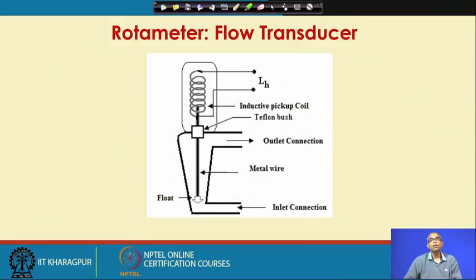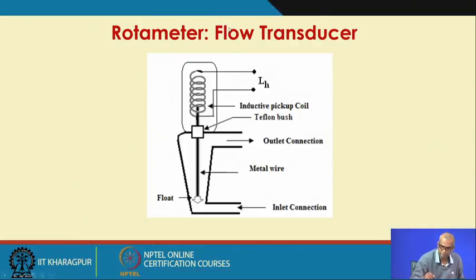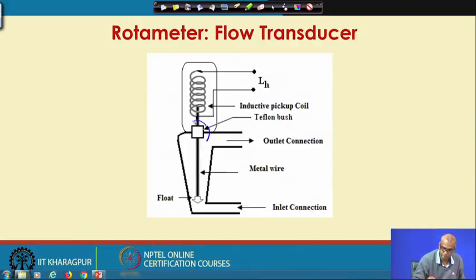You can have a flow transducer or flow transmitter using a rotameter. What you have to do is imagine that with this float you have attached a metal wire which passes through an inductive coil.